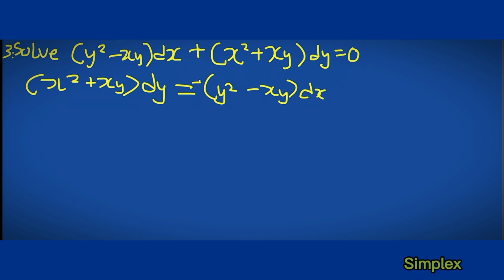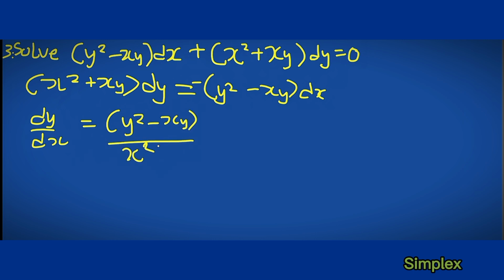Sorry, there's a minus here. When taking it over to the other side, dividing both sides by dx and x squared plus xy, we have dy over dx is equal to (y squared minus xy) over (x squared plus xy).